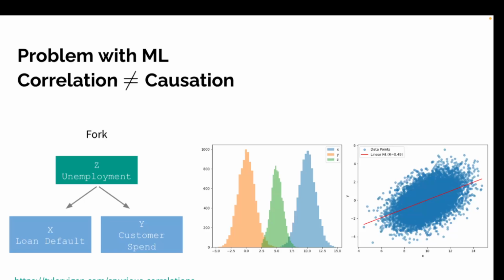It's not real, because we know in advance that x and y are not related. But in other words, if I don't know about the existence of z, then I observe x and y in my sample, I see that they correlate, and I might think that, okay, x is causing y or y is causing x. But we know in this simple example that that's not true.